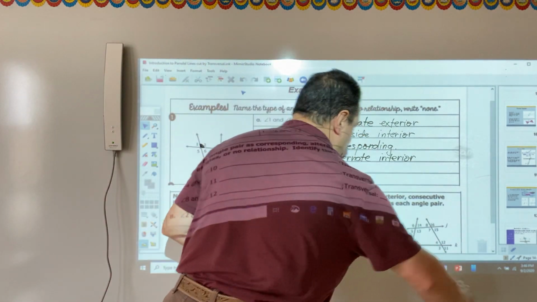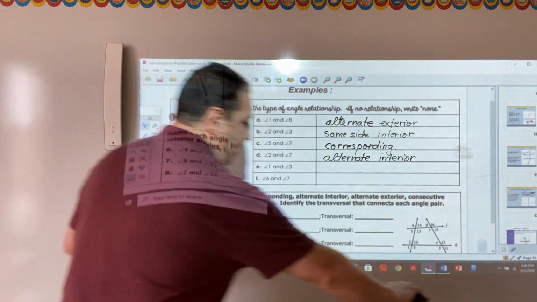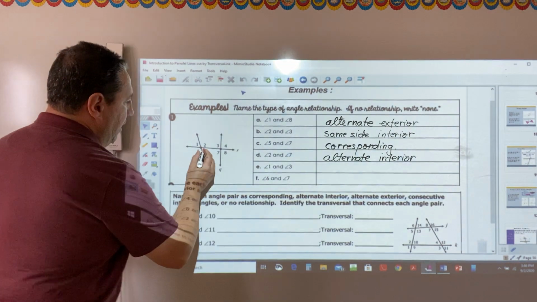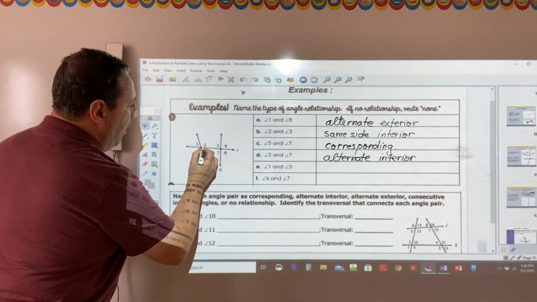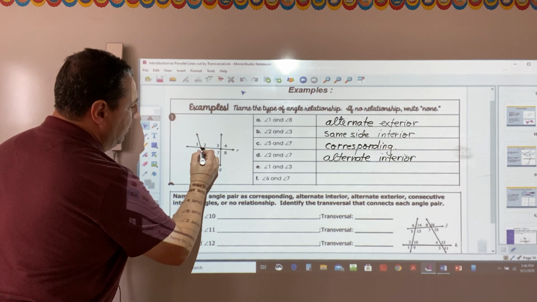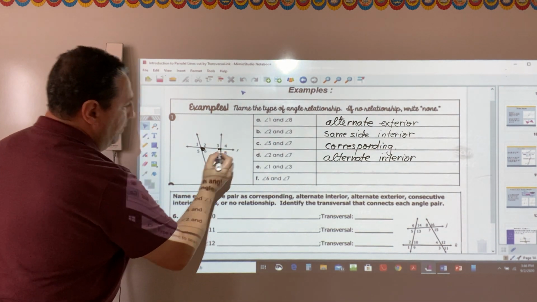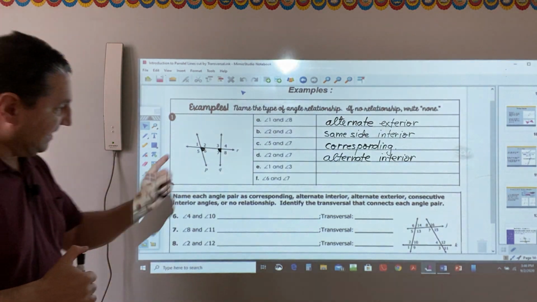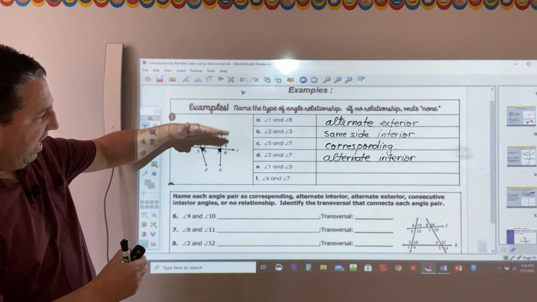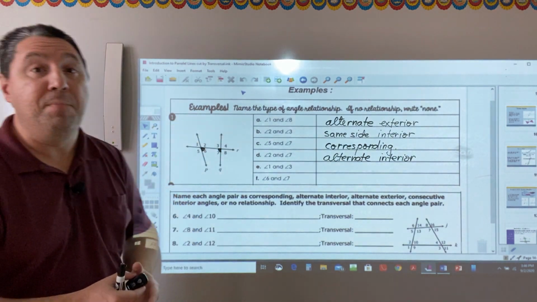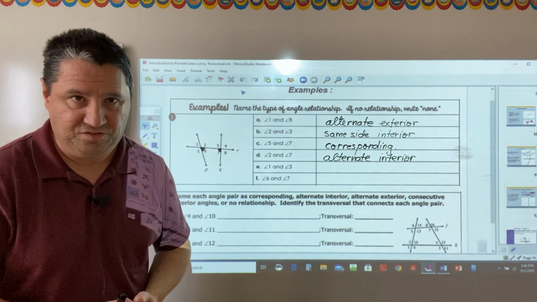Now, the last pair, angles 6 and 7. In this case, 6 and 7 are both on the same side of the transversal. Both are below the transversal.